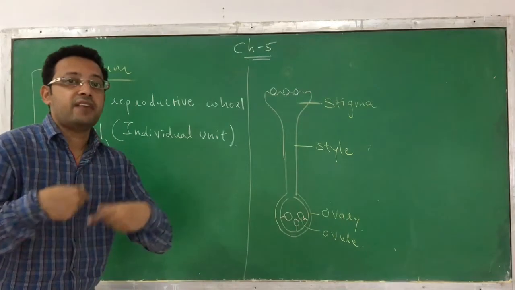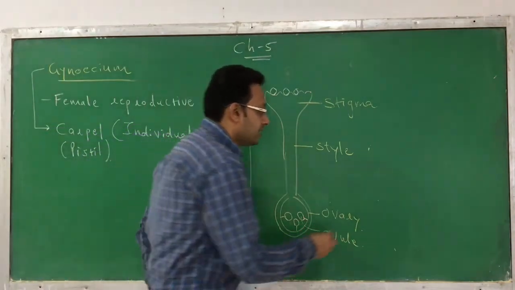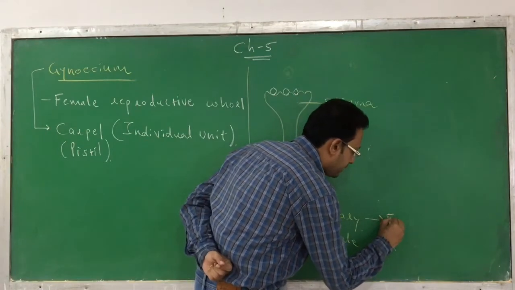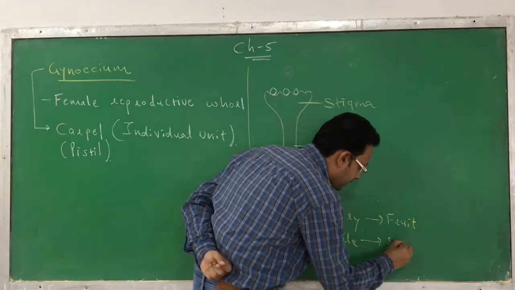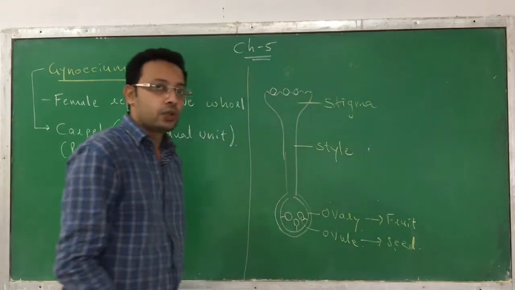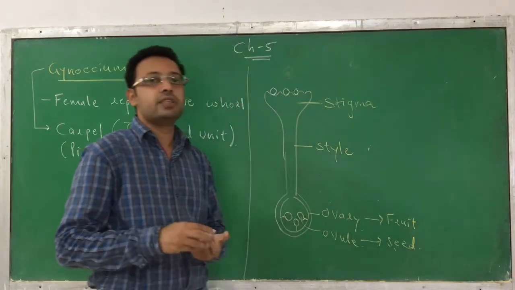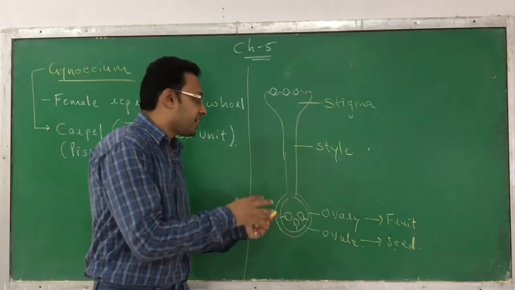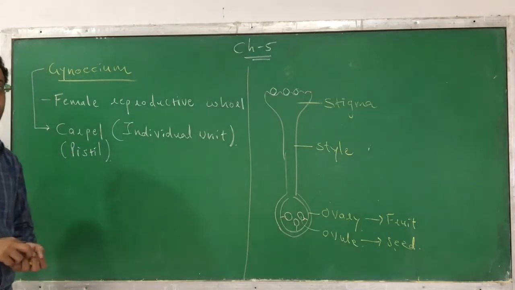When a flower gets fertilized, this ovary converts into a fruit, and the ovule converts into a seed. Such a characteristic you can find in this carpel or pistil.